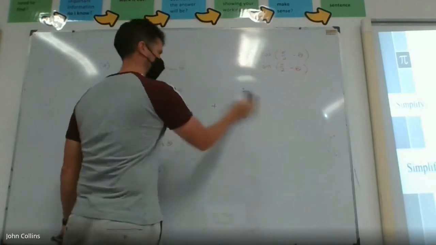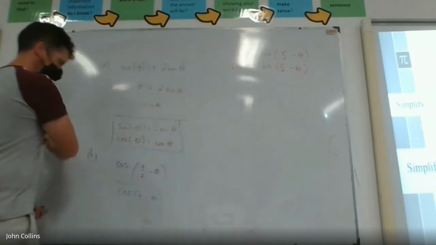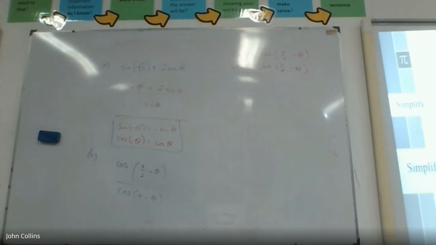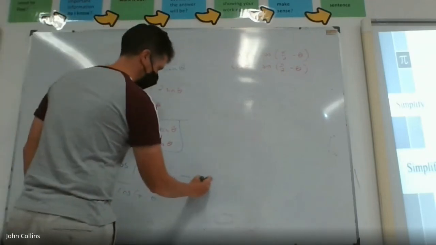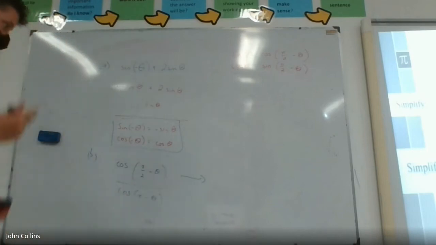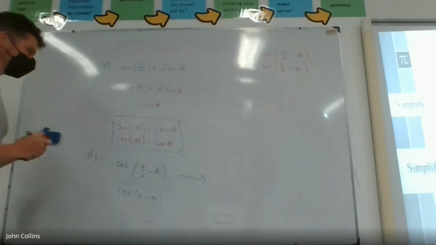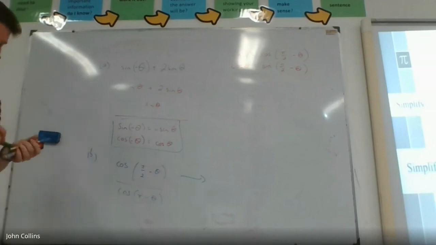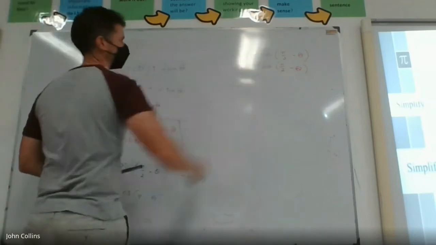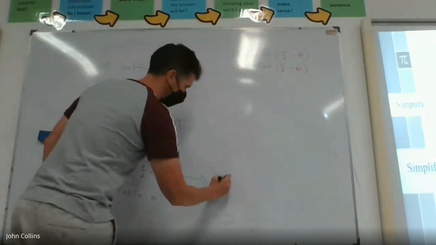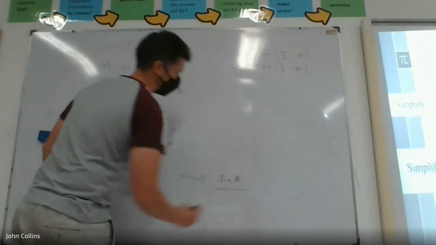Our unit circle is here, and the answer over here. Cosine of 90 degrees take away theta, what can that be rewritten as? Sine theta, yes. It's up here. Sine theta. Awesome.